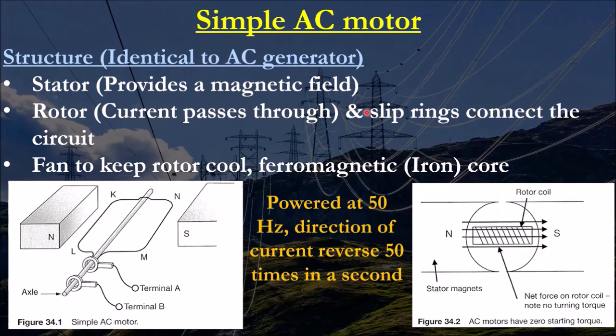The reason is that the current is already moving in opposite directions every half rotation, so it could go in this direction in the first rotation, and then in the second rotation it goes back the other way. And as we know, that's the way it will keep our motor rotating in the same direction. Let's just assume it rotates in this direction. We're trying to encourage this kind of motion here.